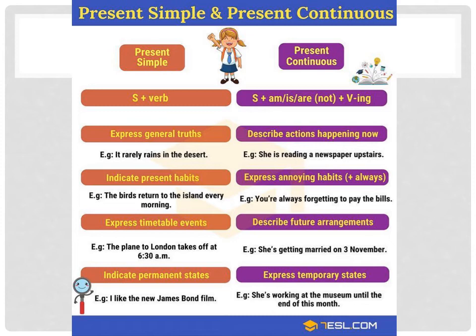Okay, temporary states means something that is going to end soon or after some time. So, for that example, she is working at the museum until the end of this month. So it shows that the period of her working is only for this month and it's going to end by the end of the month. Okay?